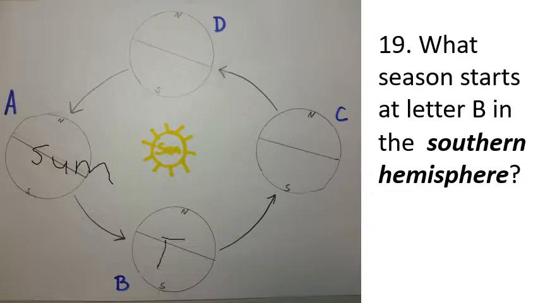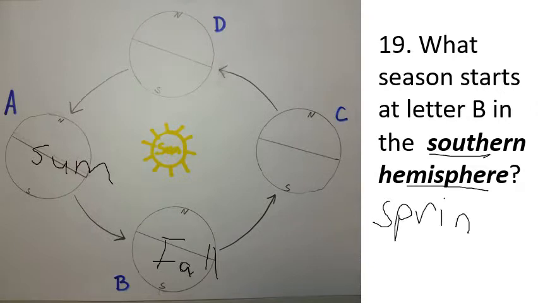And we already said that this starts fall, because we know the season after summer is fall. Well, the southern hemisphere is exactly opposite. So if we are starting fall, they are starting spring. Because we're tilted oppositely, we're on opposite sides of the earth. Whatever's happening in the northern hemisphere happens the opposite way in the south.